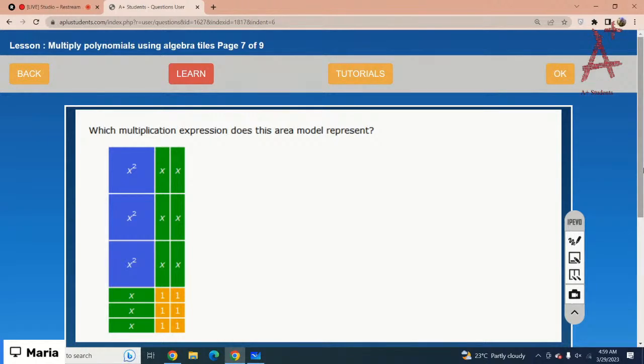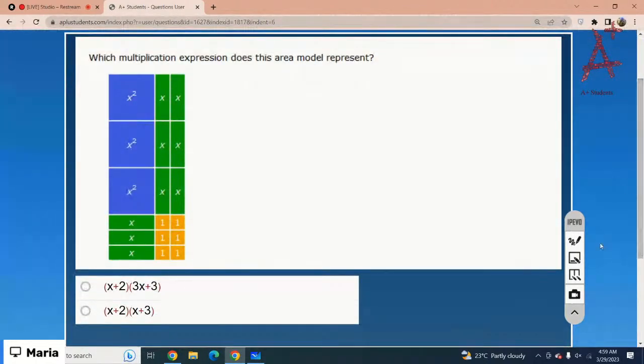The next one is which multiplication expression does the area model represent? Area is always the length times width. So you need to calculate the length and the width of this model. Just look at the base. Just one tile for the green, so it would represent x, and two orange tiles, so it represents x plus 2.